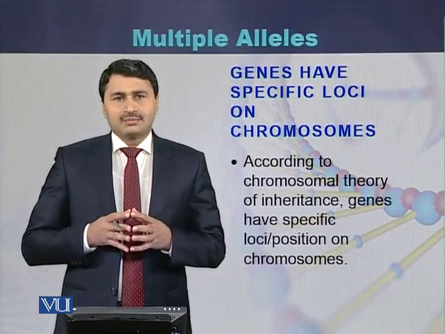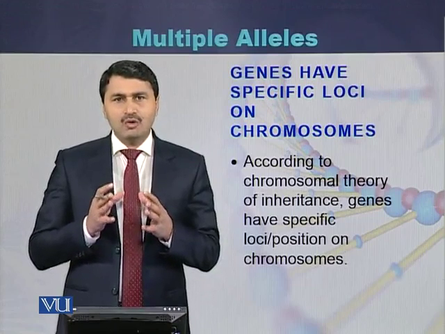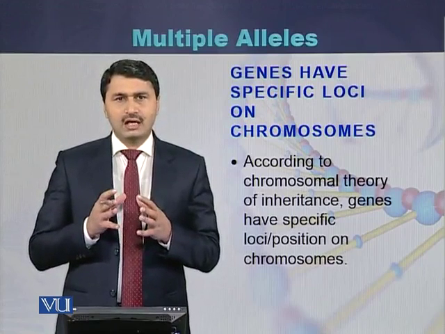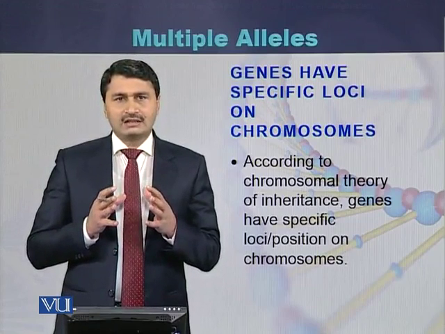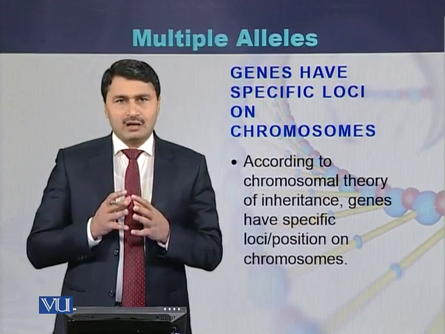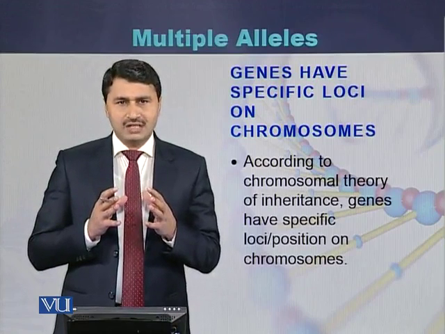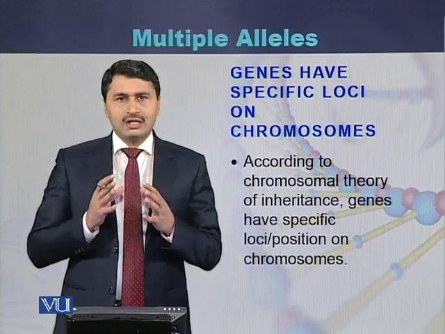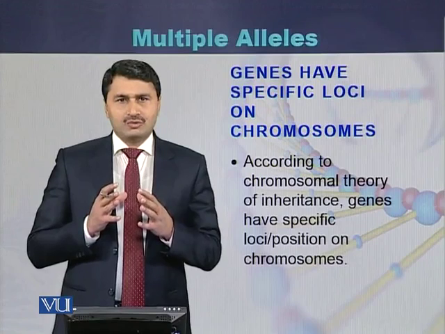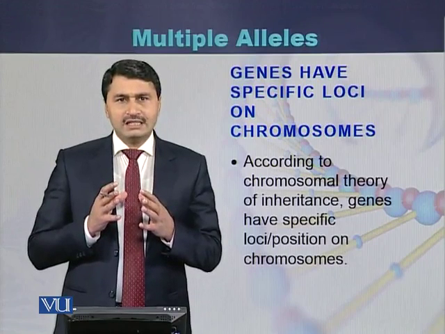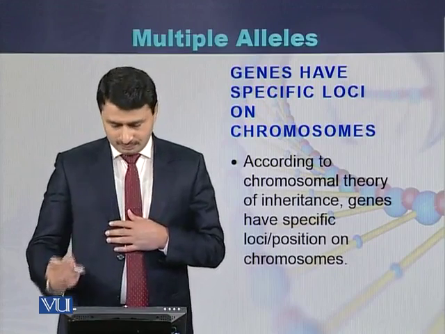According to the chromosomal theory of inheritance, there are homologous chromosomes. Out of the homologues, one comes from the father while the other comes from the mother. So in diploid individuals, there is a pair of chromosomes and one allele is present on each homologous chromosome.